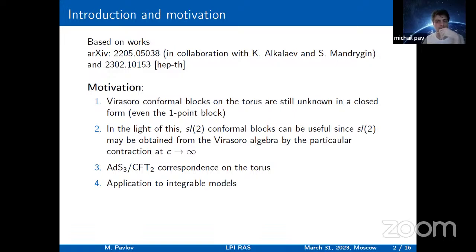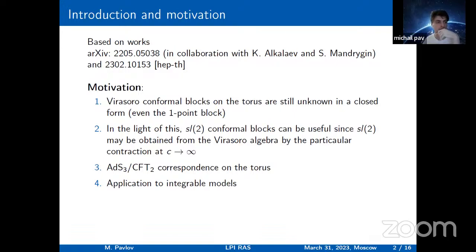In this context, our results could be quite useful because they are results from the CFT side, and you could compare them with AdS3 results. The last one is the application to integrable models.